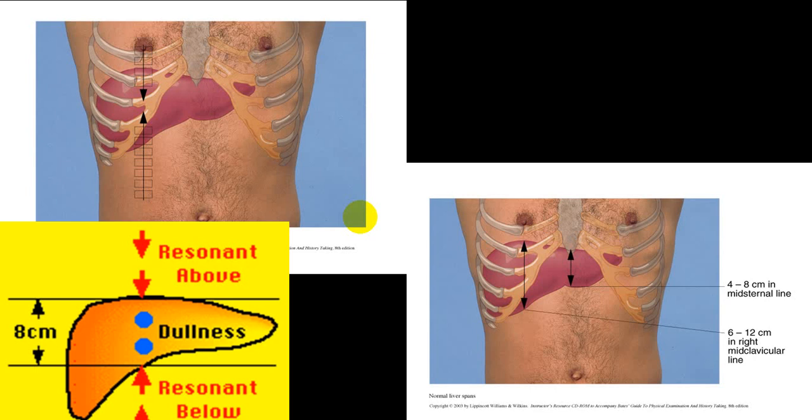Here you will not be able to identify whether the liver is enlarged or not. So in this particular type of presentation, you should be cautious while mentioning regarding a hepatomegaly.